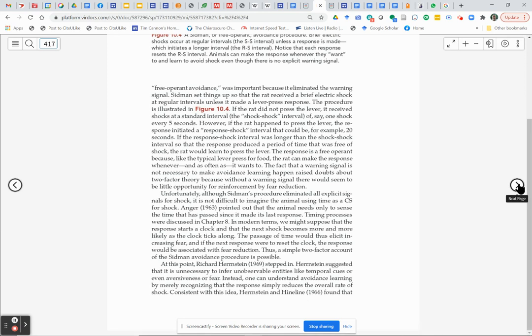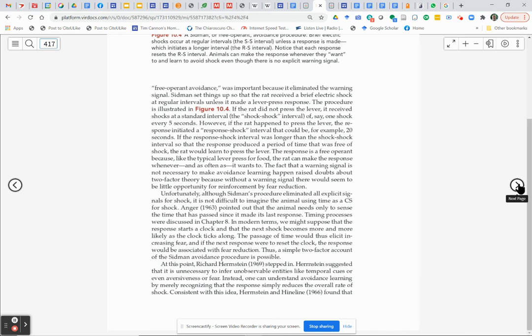So go back and look at this. This is sometimes called unsignaled avoidance because there are no lights or other stimuli associated with it. But as is pointed out, time can be a stimulus, and time passing could be a cue telling the animal it's time to respond.